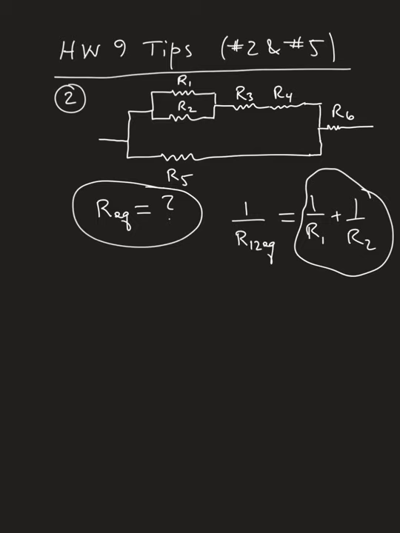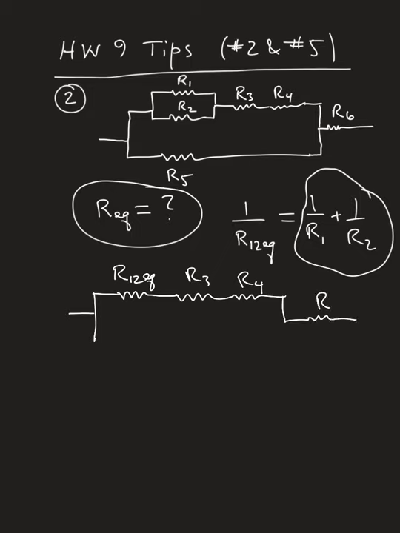Okay, and now I'm going to be more methodical about this than probably would be necessary, just to make sure you see how the process goes. So now I'm going to rewrite the circuit again, but now I can replace it with whatever number I get for this R1,2 equivalent, and then this one's R3, and then this one's R4, and then there's R6, and then I've got R5 here.